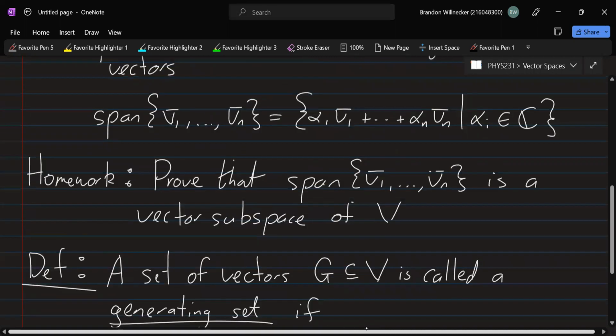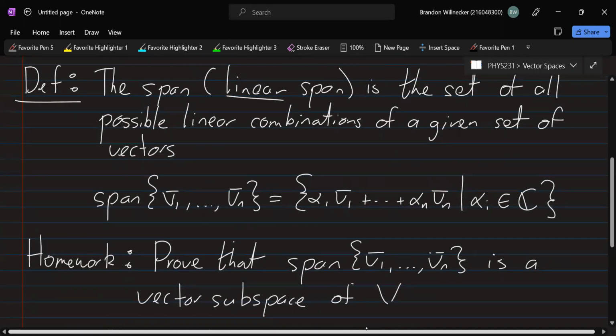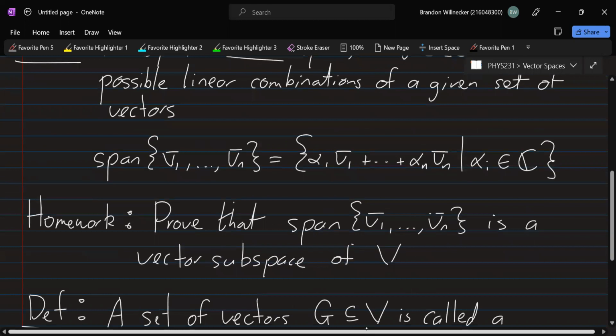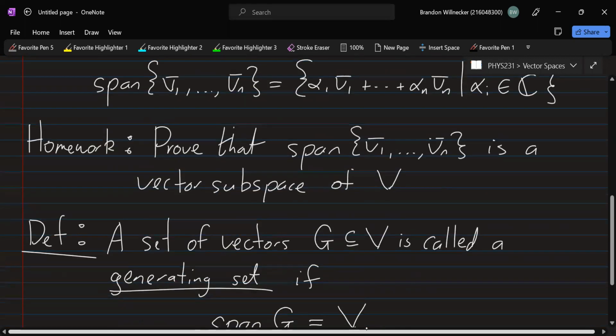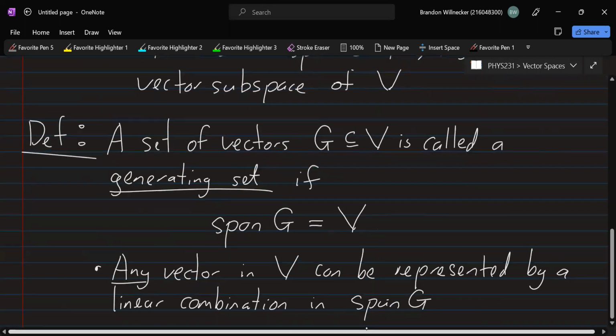We see above that the span is a vector subspace, a subspace of V. If we have this extra condition that it's equal to V, then it's a generating set. This only happens in particular situations. In general, it's a subspace, but in this particular case it is the entire space.